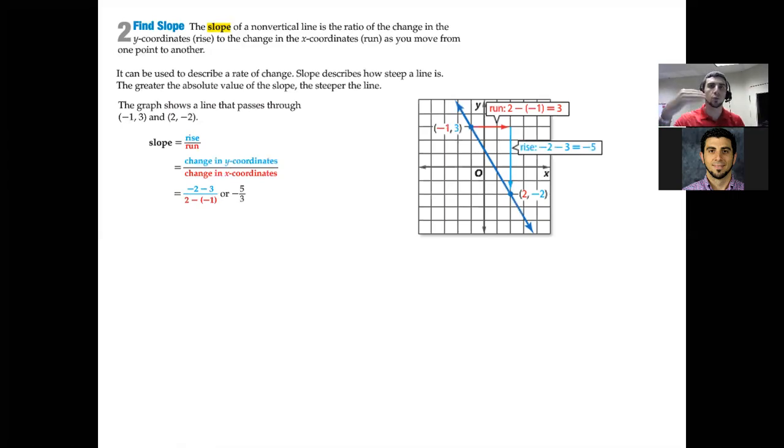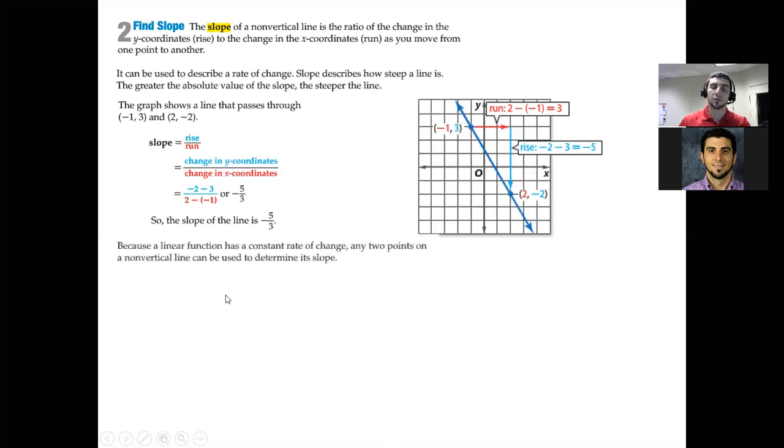So when we're talking rise in the context of slope, it can go up or down. It can rise by a positive amount or a negative amount. So the slope here would be -5/3. That means the y-coordinate goes down 5 units for every time the x-coordinate goes forward 3. You can think of it like that.